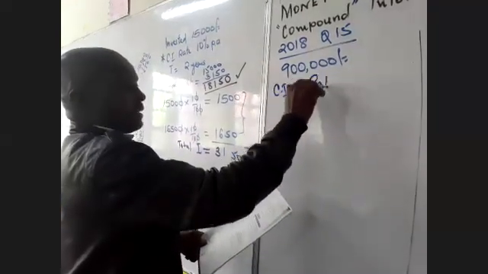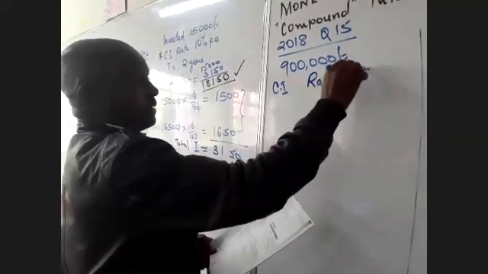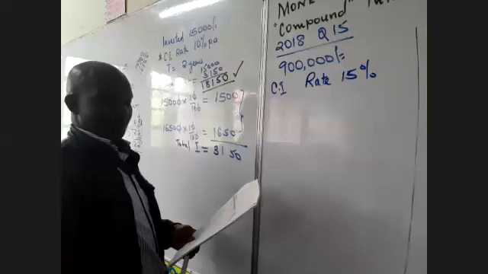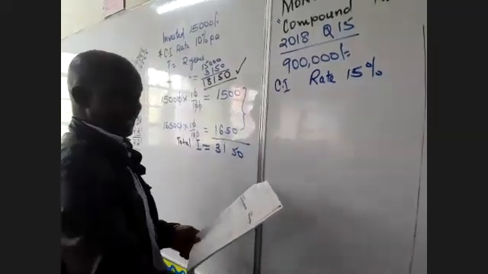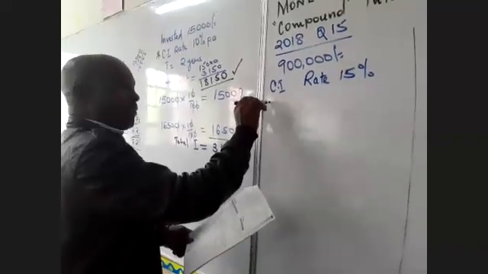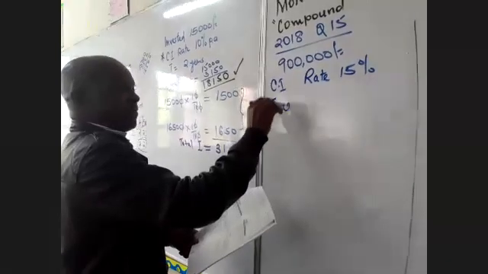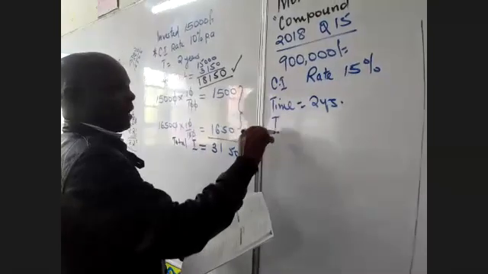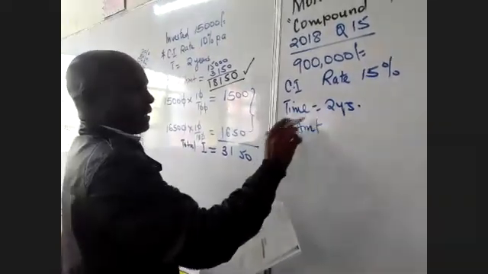Compound interest rate is just 15%. How much money did he have in the bank at the end of 2 years? Time of 2 years. Again, they're looking for the total amount in that particular bank account.